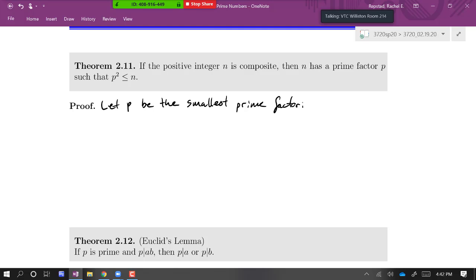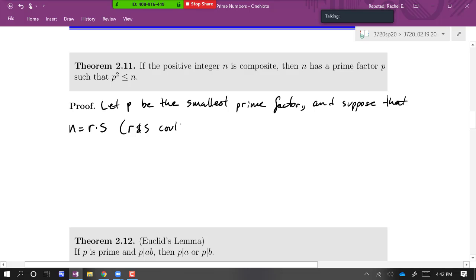So let p be the smallest prime factor of n, and let's suppose that we can factor n as the product r times s. Not necessarily a prime factorization, but we could write it as the product r times s. So we chose p to be the smallest prime factor.